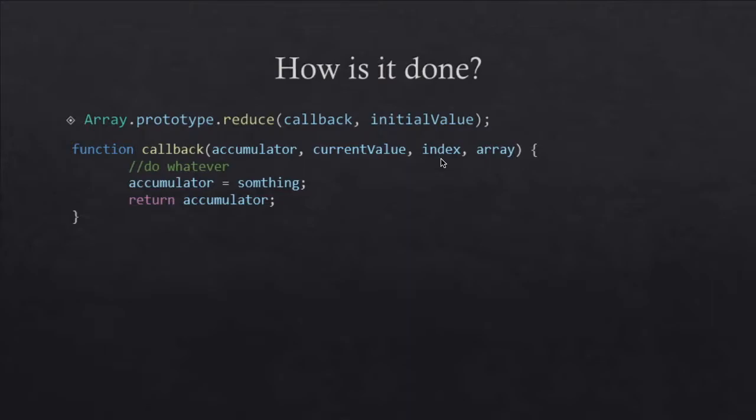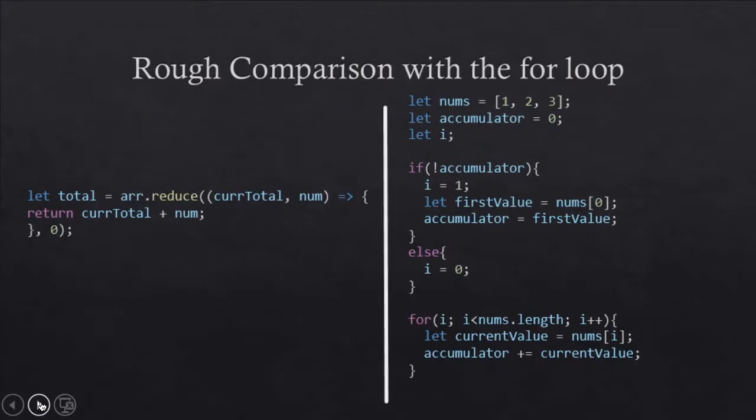So instead, the first value of the index will be 1. So you can set the accumulator to anything, and then pass it to the next callback function. This is a rough comparison, so the source code will be very different.